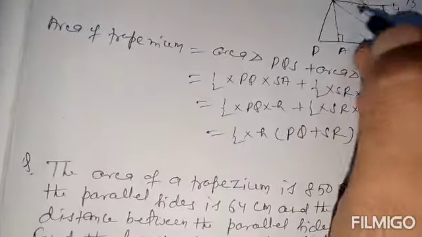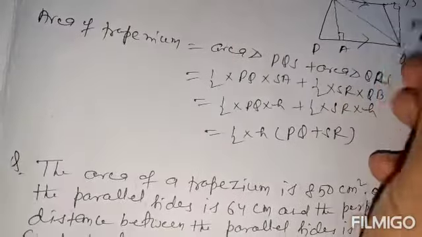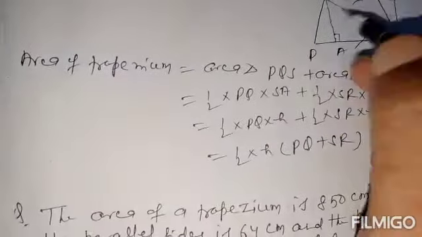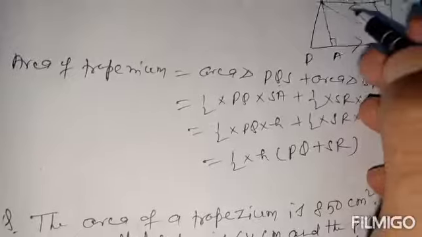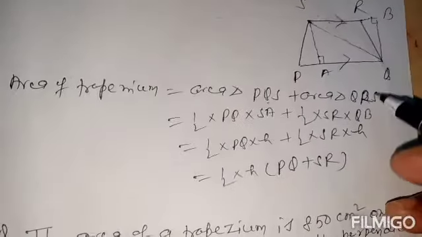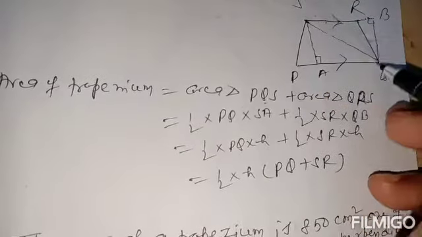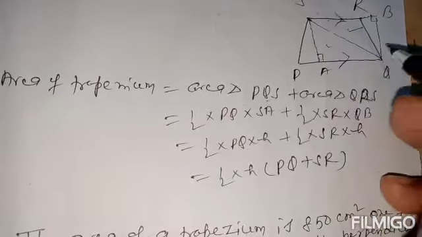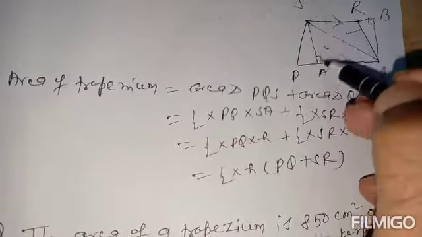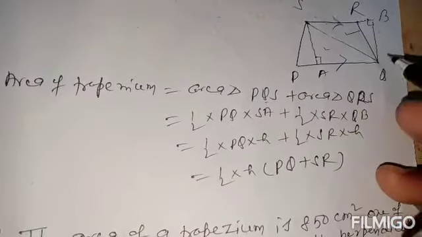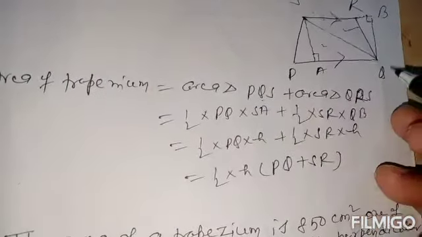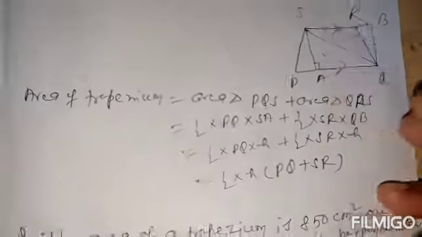Now this trapezium is divided into two triangles: area of triangle PQS plus area of triangle QRS. SA is the perpendicular for triangle PQS and QB is the perpendicular for triangle QRS.